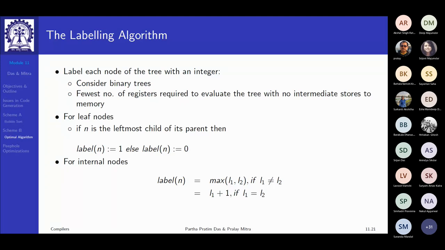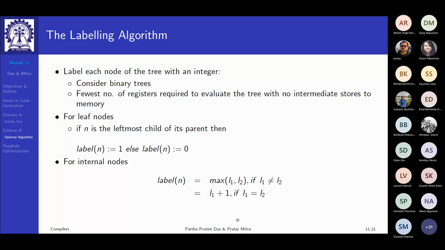I'm not explaining it right. So I need that one more because I'm doing the left subtree first, and then I want to use it immediately. So after having done the left subtree, I have to compute the right subtree. So the left subtree required L1 number of registers, and after it is done, I will need one register to remember the final value of the left subtree, the root of the left subtree.